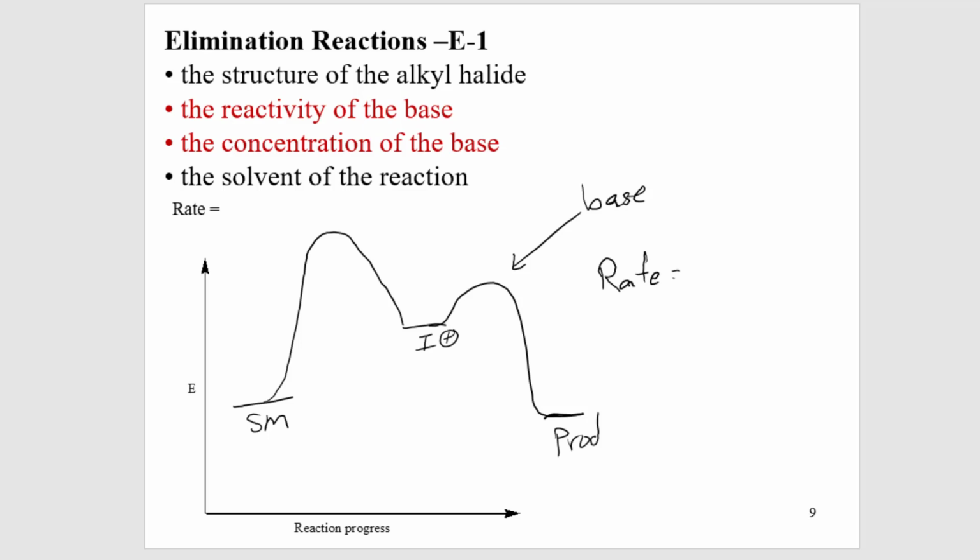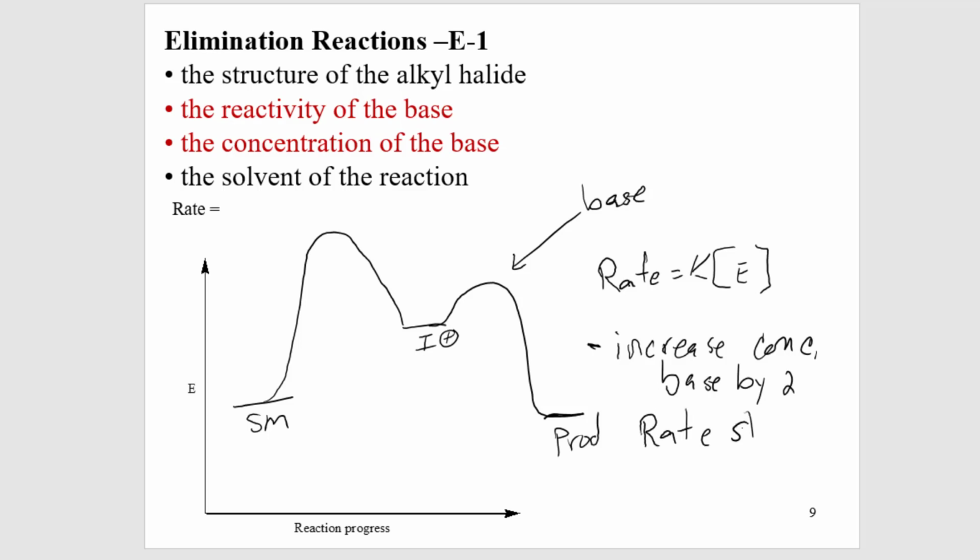So if I have rate equals k times the electrophile, meaning the alkyl halide, if I increase the concentration of the base by 2, what happens to the rate? Nothing.